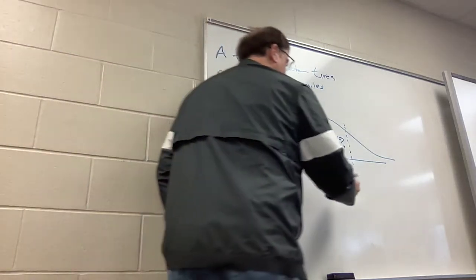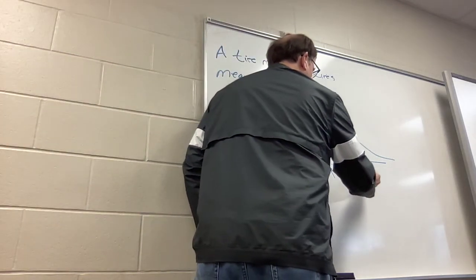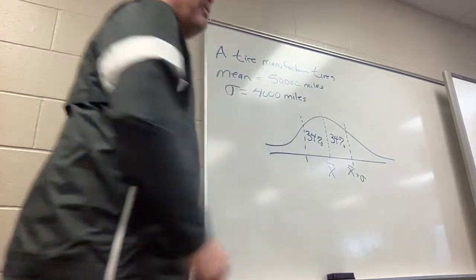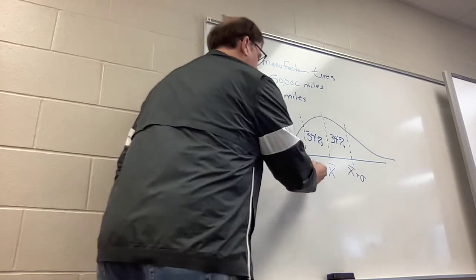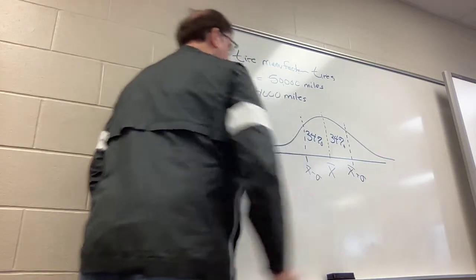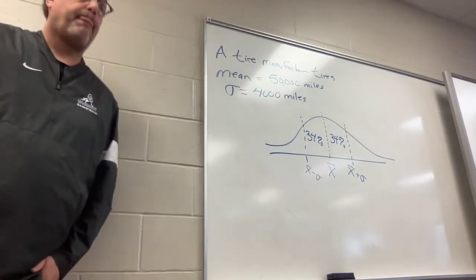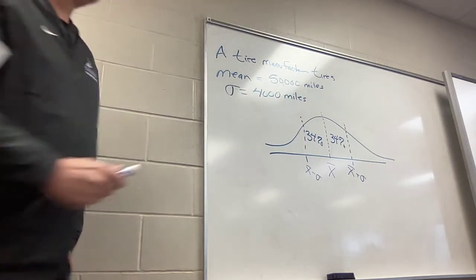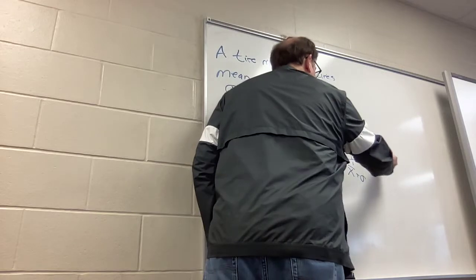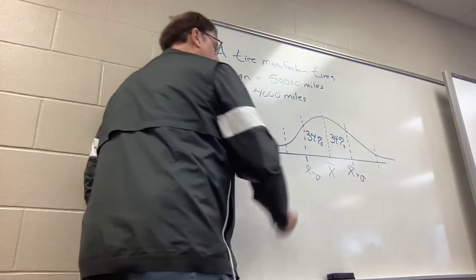Under this first dashed line, would you write X bar plus that little letter sigma, the standard deviation? And on the next one, would you write X bar minus the standard deviation? Would you draw another and another?